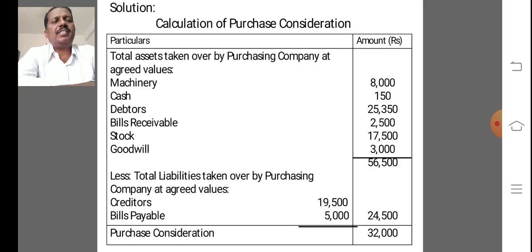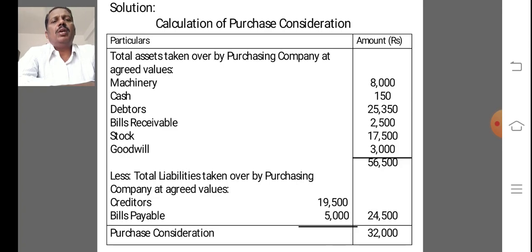These are the assets to be taken over by the purchasing company at agreed values. So total assets taken over is equal to 56,500.